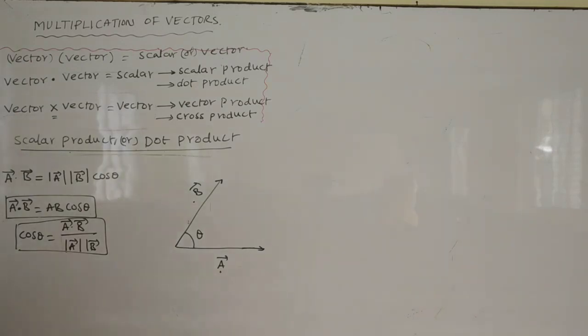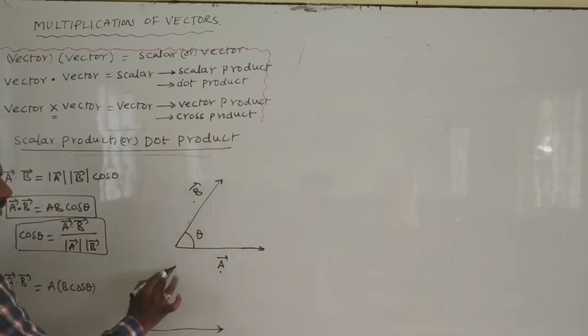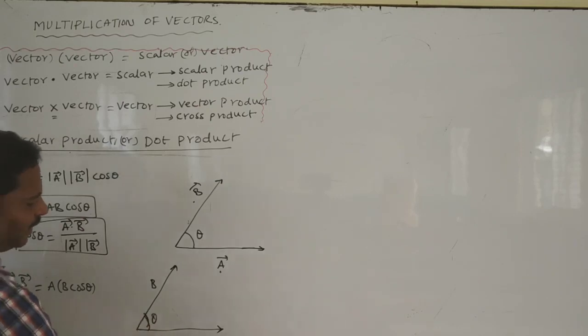Now A bar, B bar, cos theta, we can write AB cos theta. That means this is the B bar, this is the A bar.